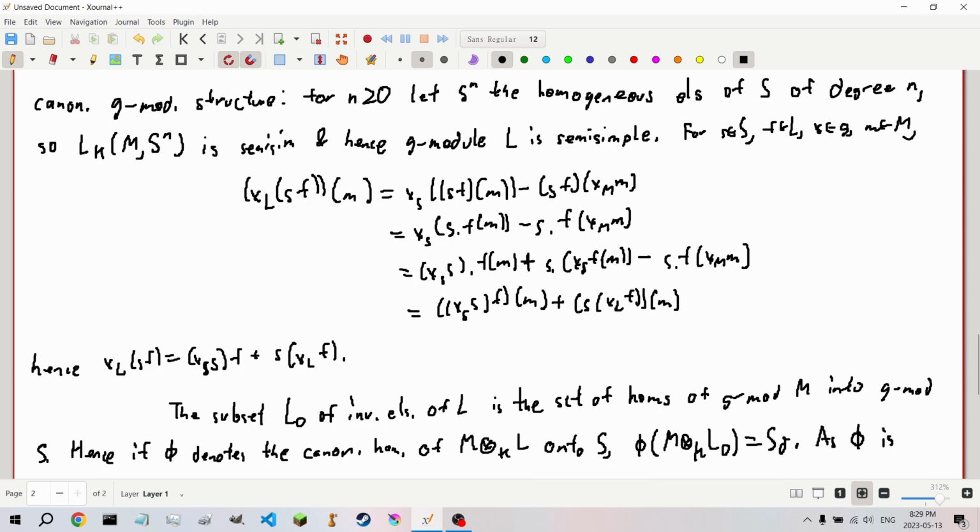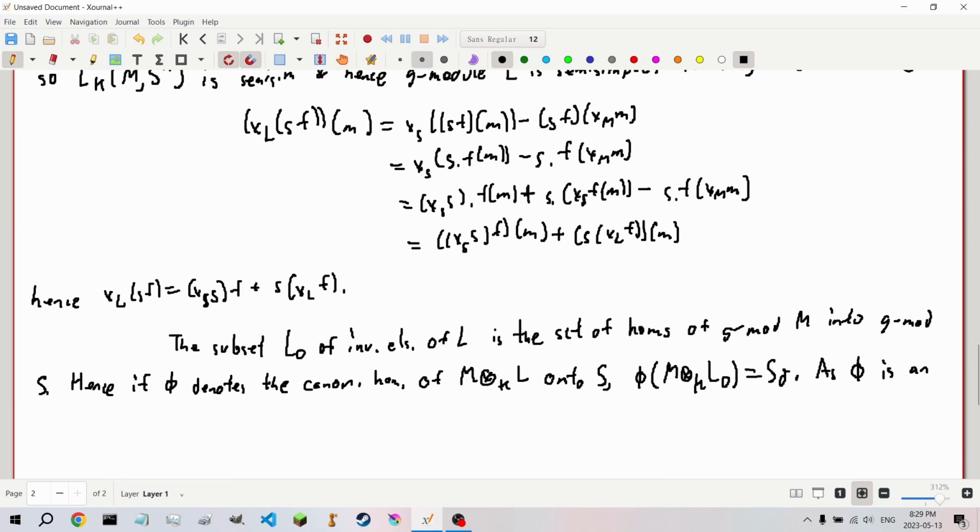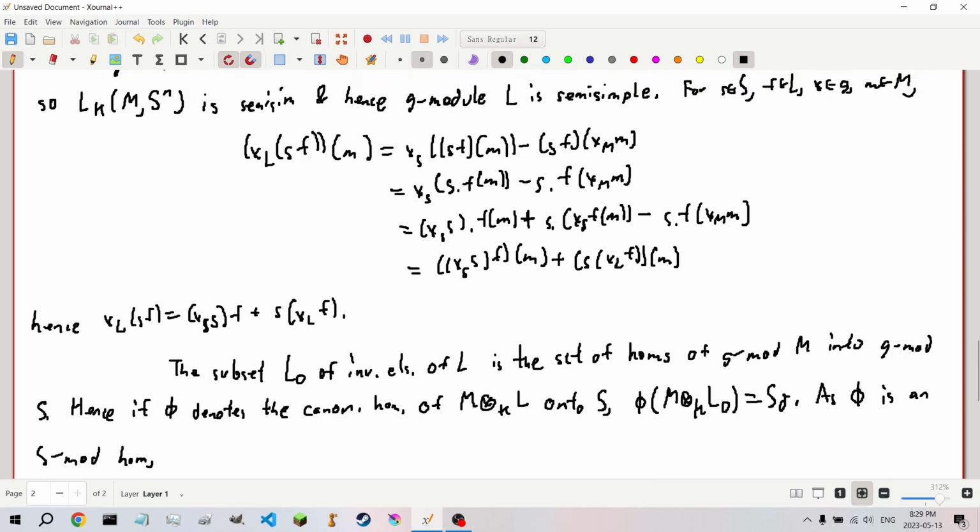As phi is an S module homomorphism, we need to show that L0 is a finitely generated S0 module.